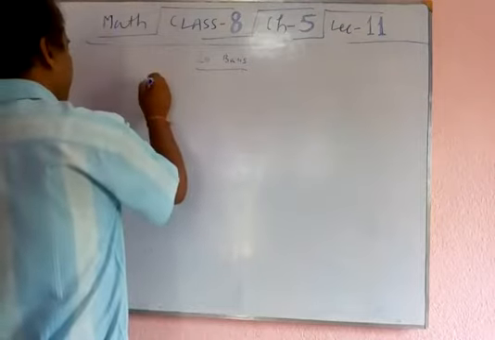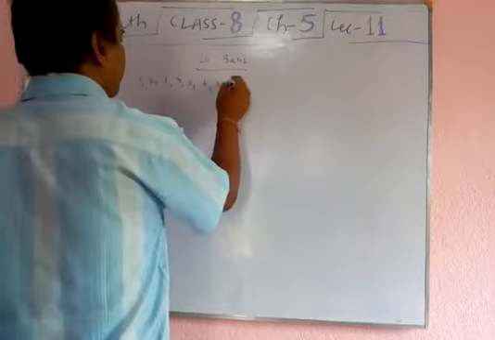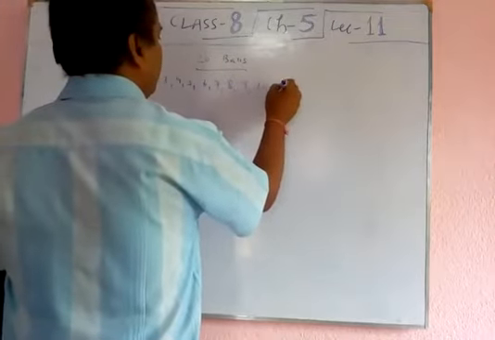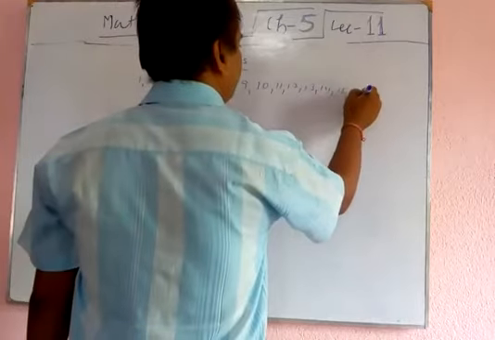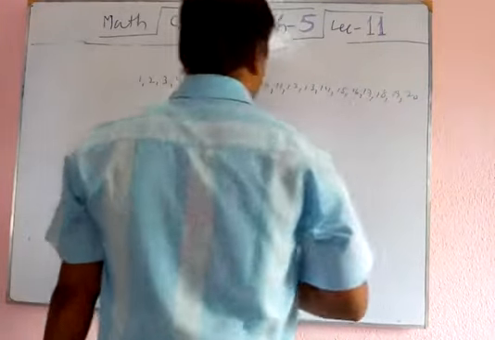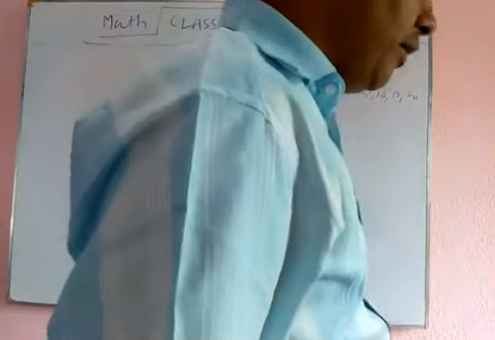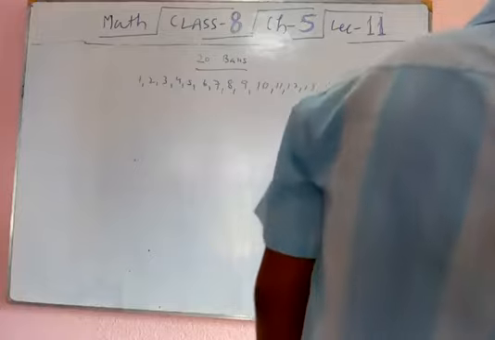So 1, 2, 3, 4, 5, 6, 7, 8, 9, 10, 11, 12, 13, 14, 15, 16, 17, 18, 19, and 20. First, you have to find the probability of drawing a ball with an even number.